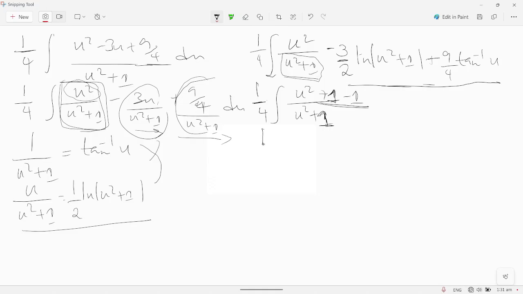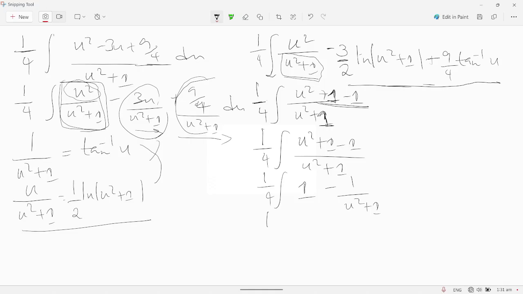So in this case, we have 1 over 4 times u squared plus 1 minus 1 over u squared plus 1. When you divide, you find that you're going to remain with 1 over 4 times u squared plus 1 divided by u squared plus 1, which is just simply 1, minus 1 over u squared plus 1. Now this is an easy integral which we can easily integrate.